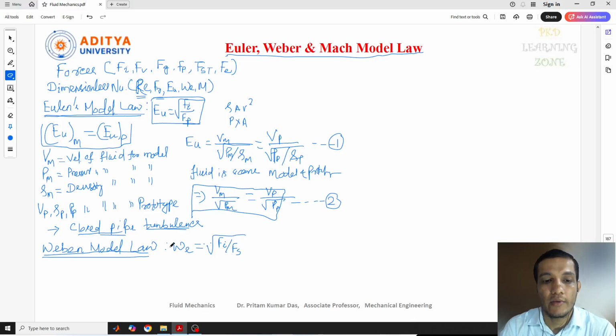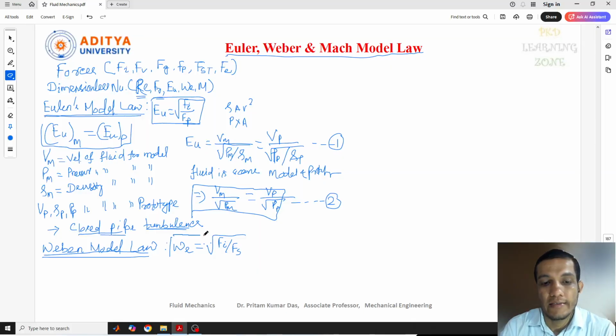If you want to see how we got this equation and where it was derived, you can see our previous lecture where we have discussed it in detail. So this is the Weber number, and this Weber model law is based on the Weber number only, which is the square root of the ratio of inertia force by surface tension force.